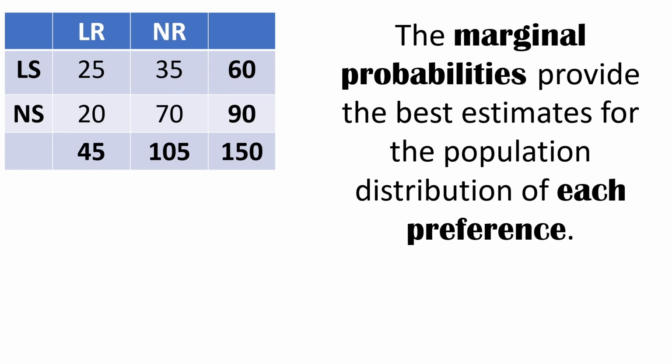So the first thing to realize is that these marginal distributions that you see in bold here on the table, we can use those to calculate probabilities, and those probabilities provide the best estimates for the population distribution of each of these preferences.